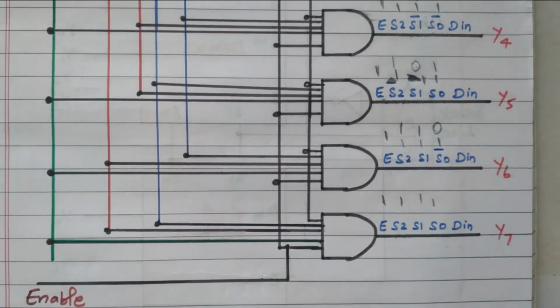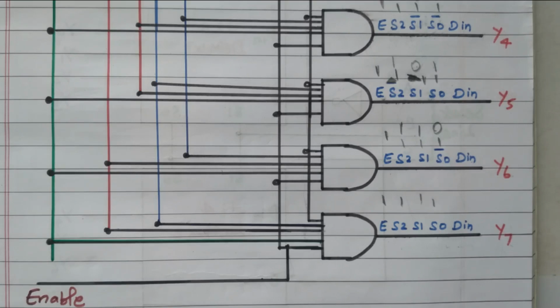So out of 8 outputs, only one output has the data input based on the selection lines. For example, 0 0 0 means the data is available in the first position, 0 0 1 means second position, like that it will be available up to 8 positions.